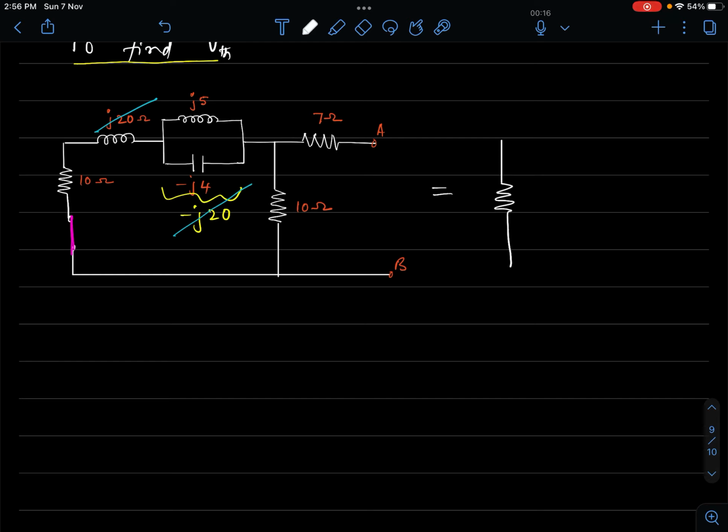How? A resistance of 10 ohm and another resistance of 10 ohm. You have a source here. Rather, I will remove this. I will write this to be 10 ohm. This also has to be removed. You have to have a source.